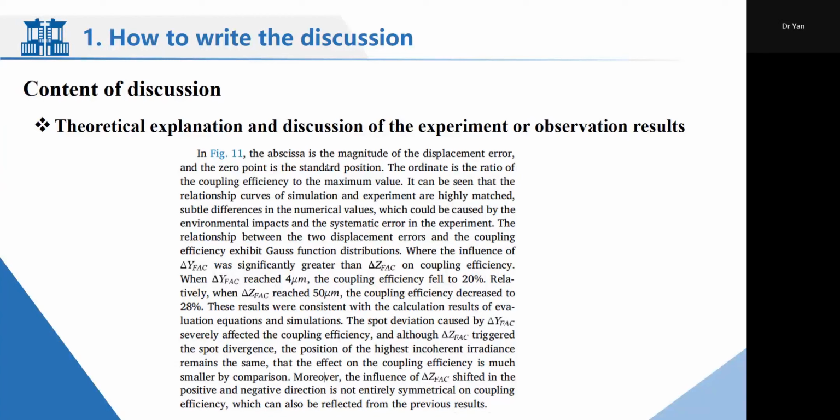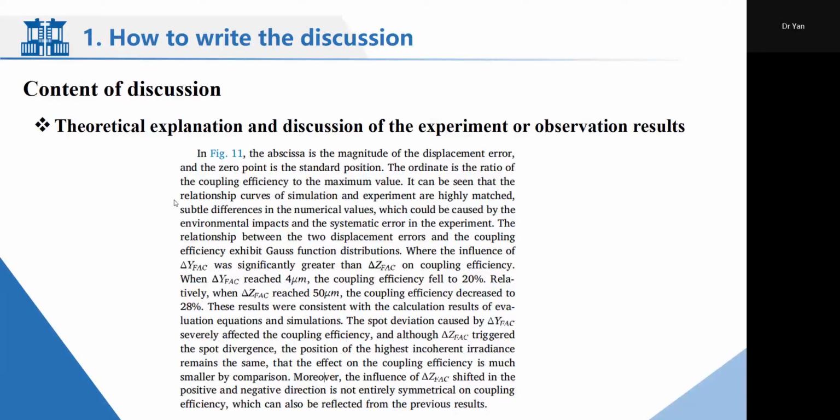It can be seen that the relationship curves of the simulation and the experiment are highly matched, with subtle differences in the numerical values, which could be caused by the environmental impact and the systematic errors in the experiment. It's just a little explanation about the difference between the experiment and the simulation curves.